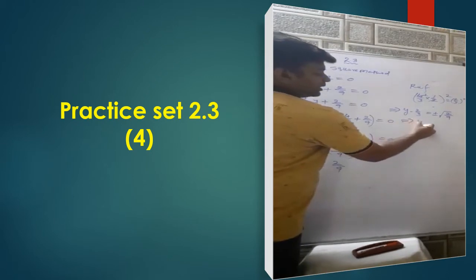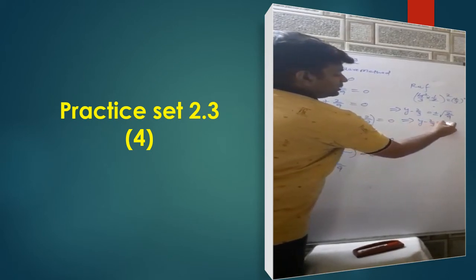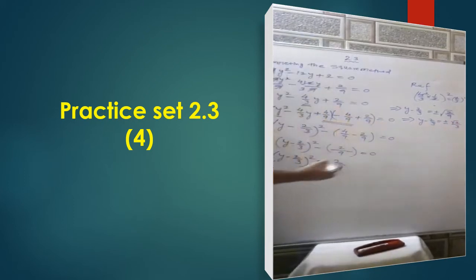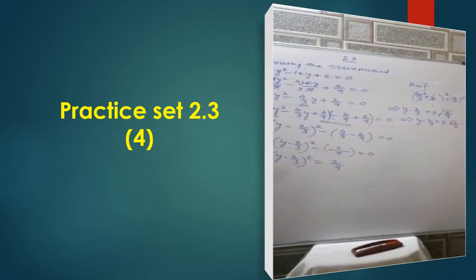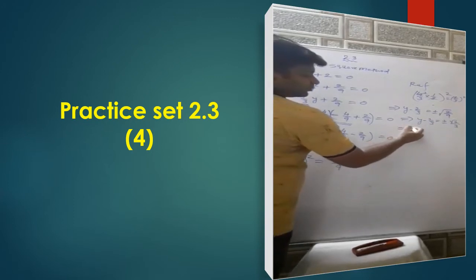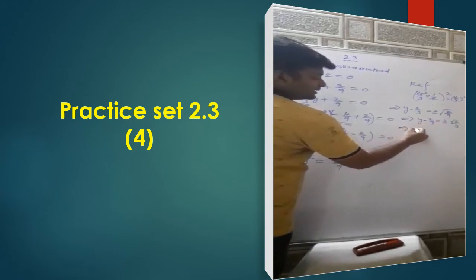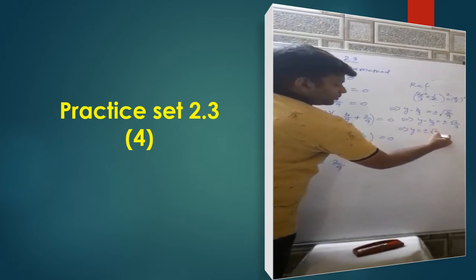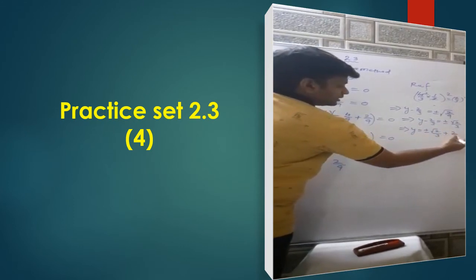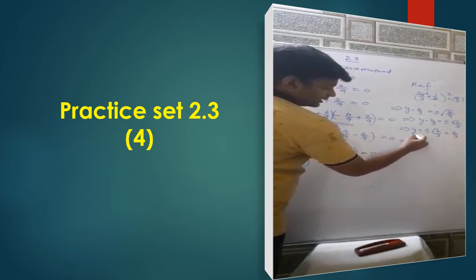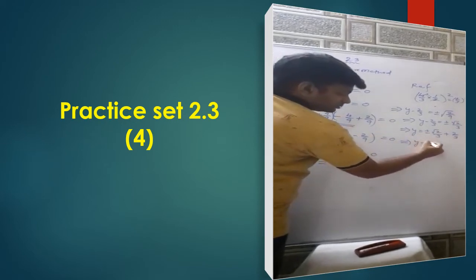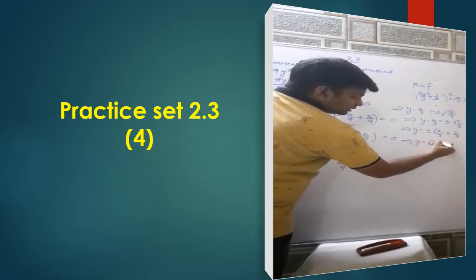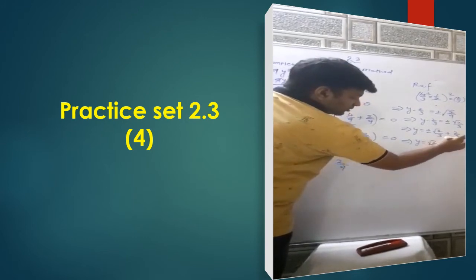So you get y minus 2 upon 3 equals plus minus square root of 2 upon 3. Shift minus 2 upon 3 that side, so you get y equals plus minus square root of 2 upon 3 plus 2 upon 3. So in the end you get y equals to root 2 plus 2, because denominator is same.